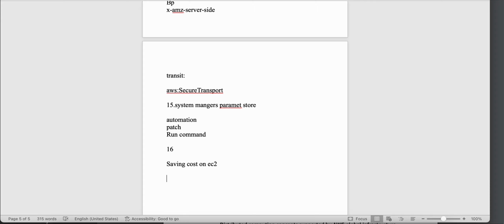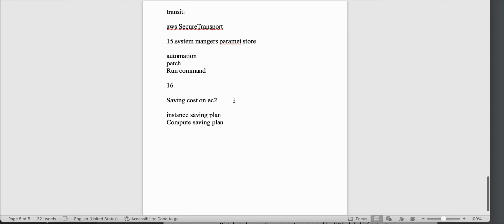Now, one question was on saving costs when using EC2. The two options that I remember were Instance Savings Plan and Compute Savings Plan. The basic difference is that in Instance Savings Plan you get flexibility to change instances within a family, the instance family remains the same.